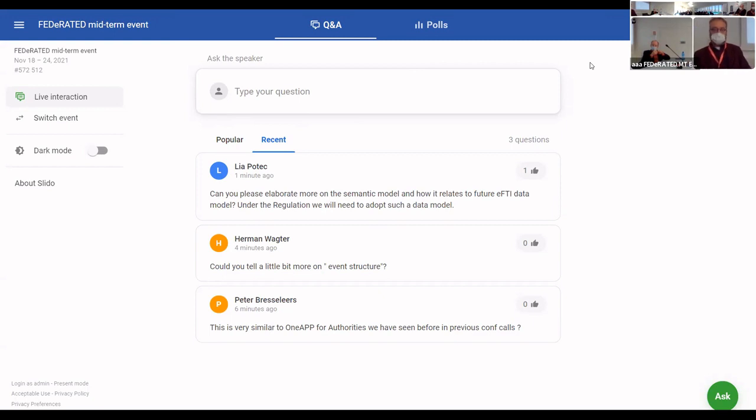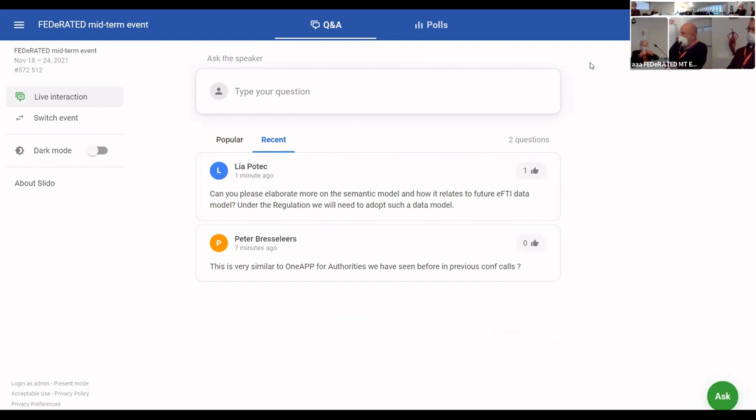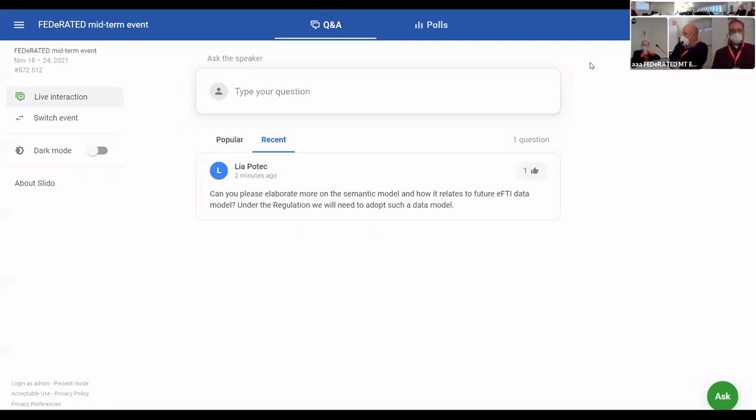I hope so. We have another one. Okay, can you please elaborate more on the semantic model and how it relates to the future EFTI data model? Under the regulation, will we need to adopt such a data model? Yeah, I can answer that question.